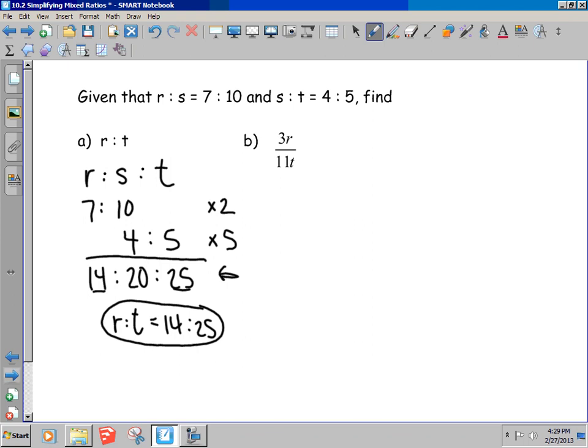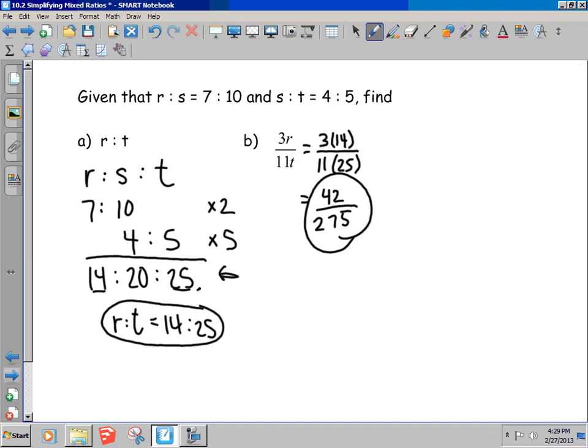So 3 times R would be 3 times 14 compared to 11 times T. T over here is 25, so 11 times 25. When I simplify, 3 times 14 is 42, and 11 times 25 is 275. So the ratio of 3R to 11T is 42 to 275.